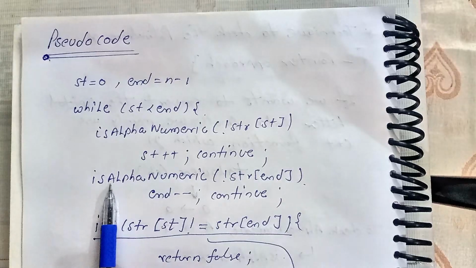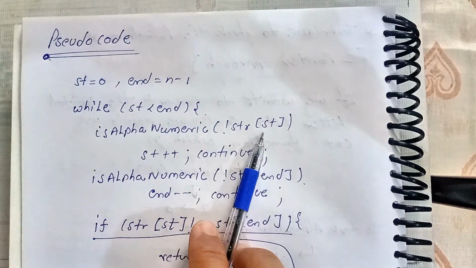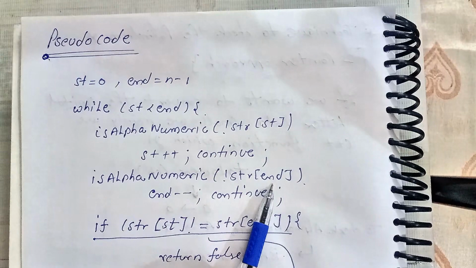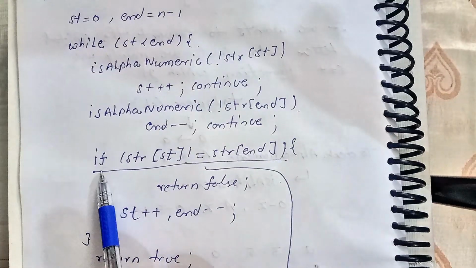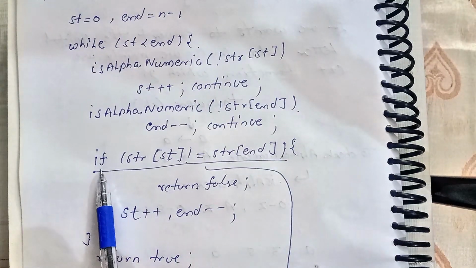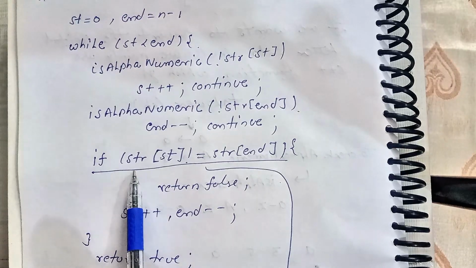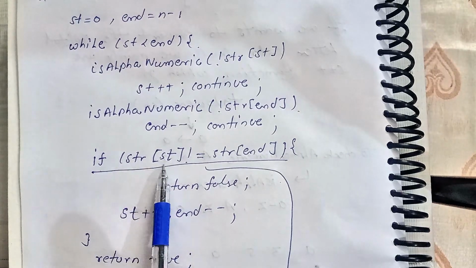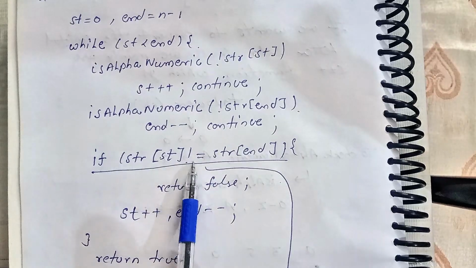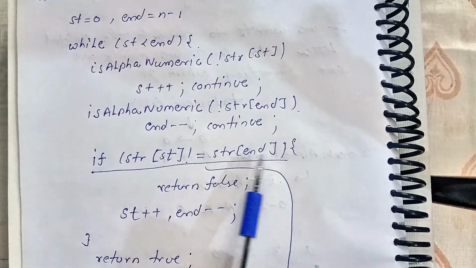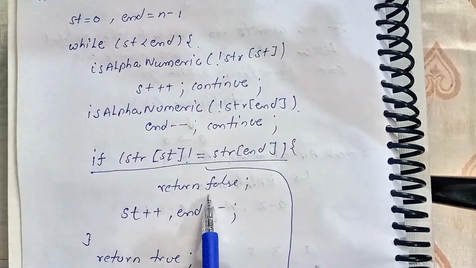We will check the value of start and here we will check the value of end. After that we will check one if condition. If the string at the starting point is not equal to the string at the ending point, then we will return false.